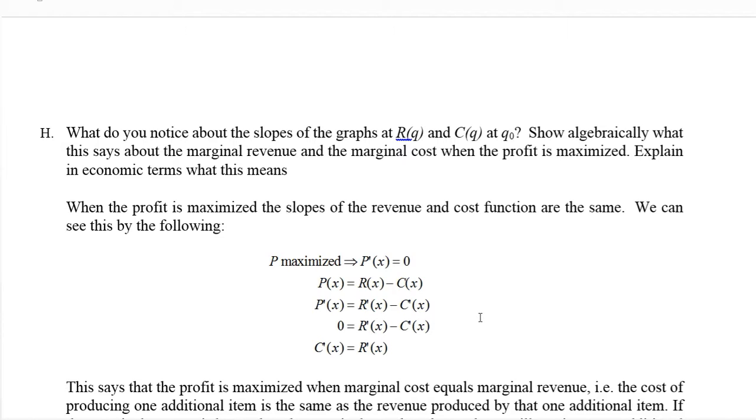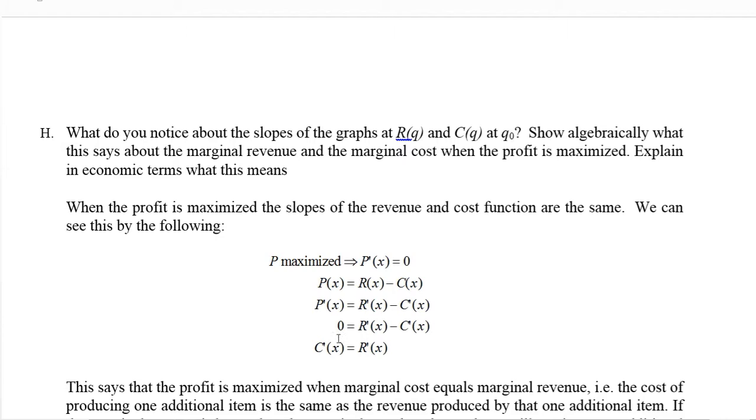So this third line says P prime of x equals R prime of x minus C prime of x, or rephrasing, the marginal profit equals marginal revenue minus marginal cost. Now when is the profit maximized? When P prime is zero. That's going to be when C prime equals R prime. So the profit is maximized when the marginal cost equals the marginal revenue.